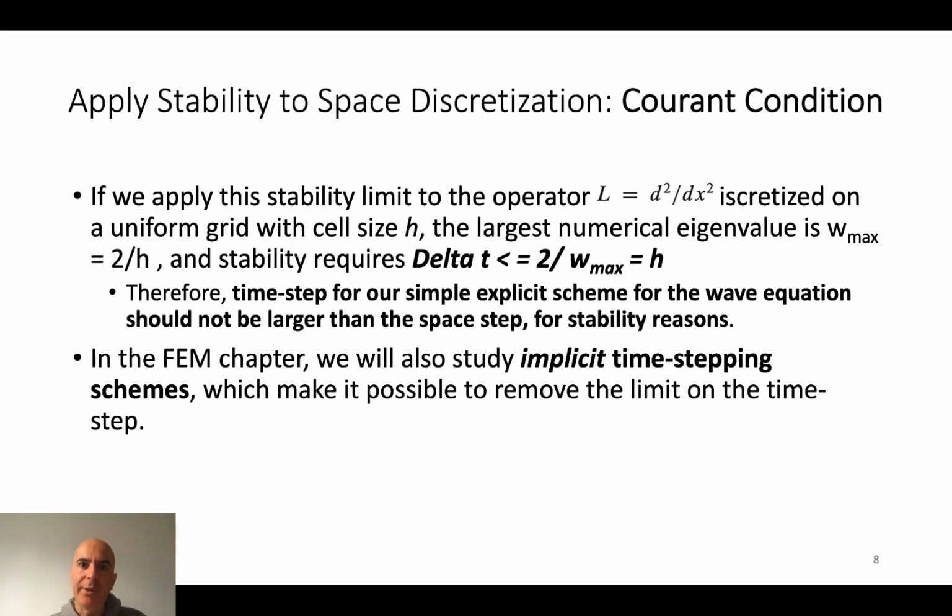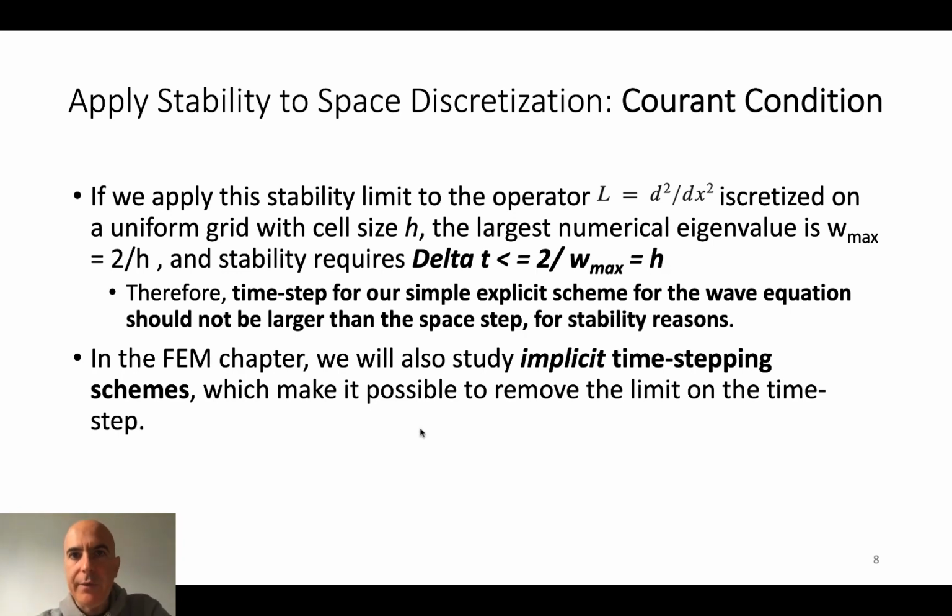In the previous slide we saw the stability condition on the time step when the derivative is in time. When the equation combines both derivatives in time and in space, both second order, our stability condition is that delta t must be less than or equal to h.